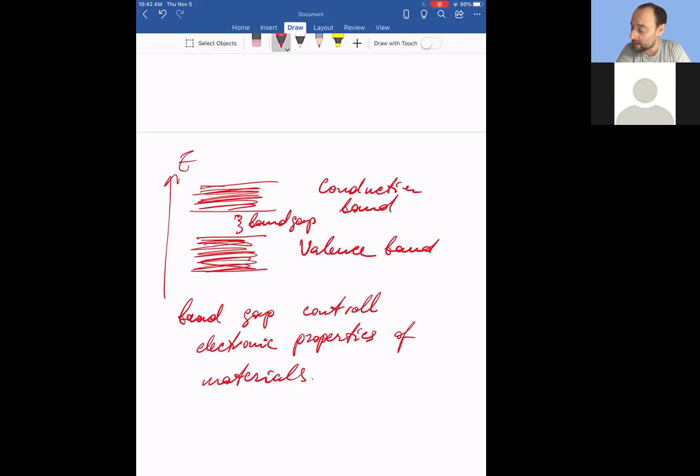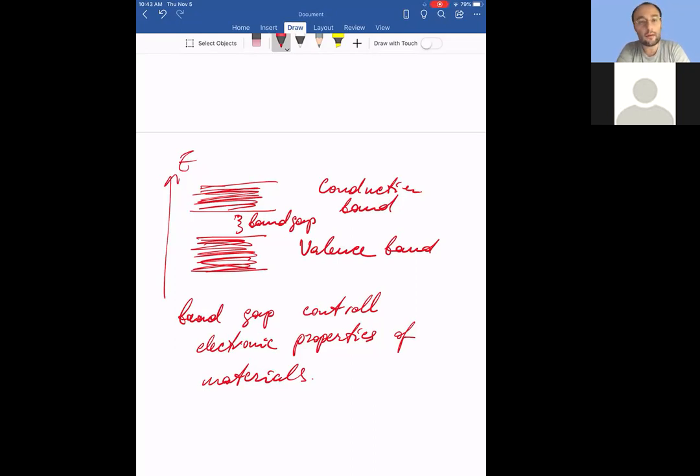If you have a valence band that's filled and a conduction band that's empty, but the band gap is small, then it's possible to excite electrons from the valence band into the conduction band fairly easily, and you get a semiconductor.